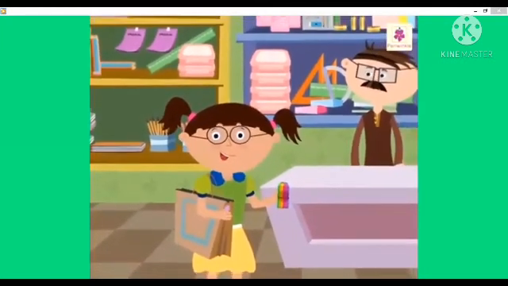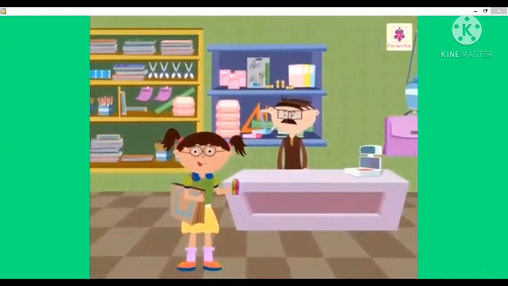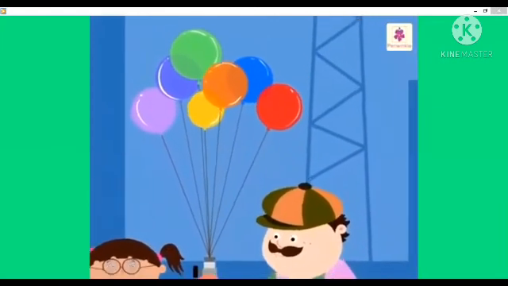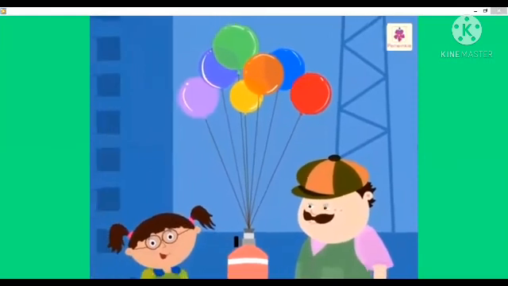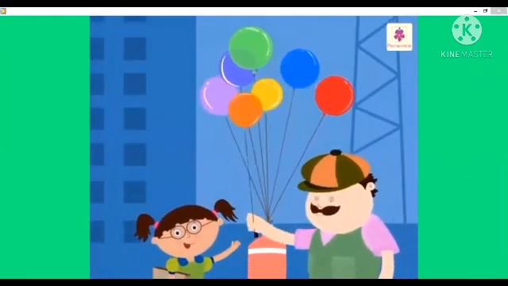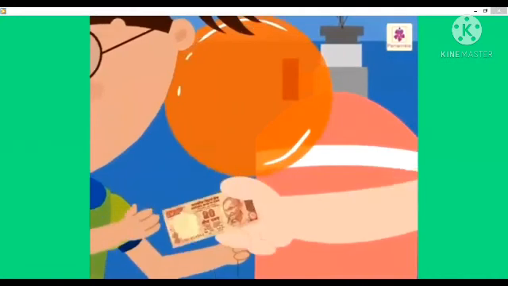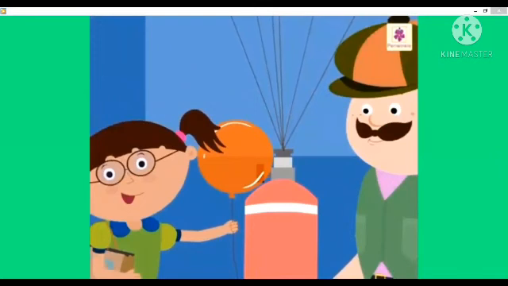She looks so happy with her lollipop and crayons. Now she wants to buy a balloon. So she goes to a balloon seller. She buys a balloon and gives a 20 rupee note to the balloon seller.